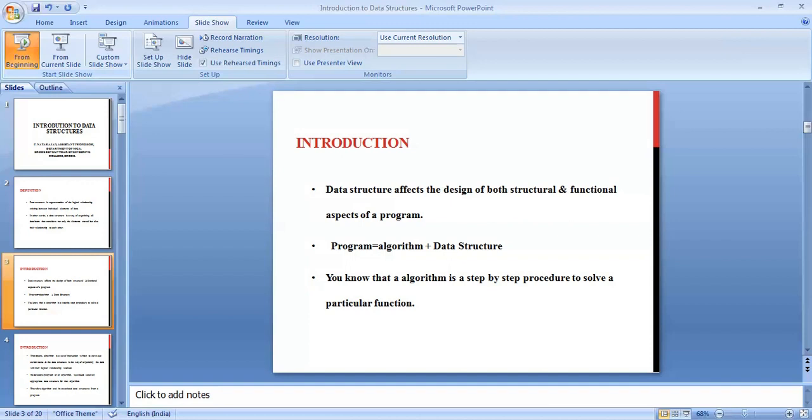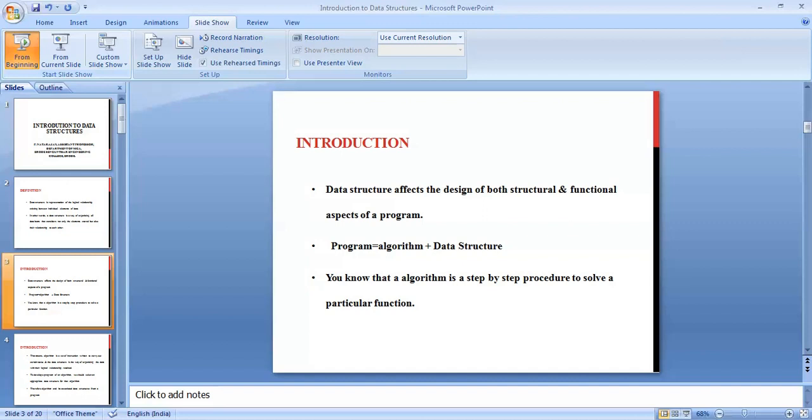So see here, what are the primitive and what are the non-primitive? Here we see primitive data structures first, that is integer, float, character, pointer. These are all primitive data structures. And also we have some non-primitives.